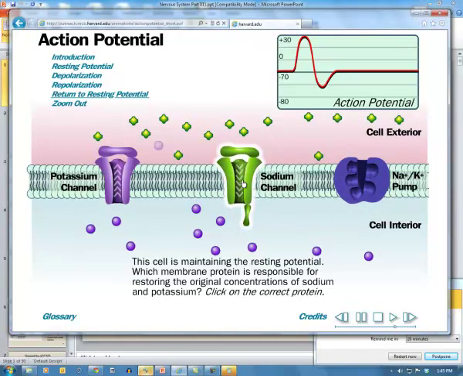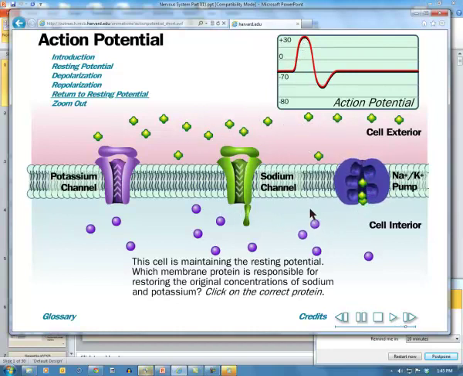And threshold in this case is -55. So when we have enough sodium flowing in to reach -55, that is going to cause all the sodium channels to open in that portion of the membrane, and then sodium will come rushing into the cell. So we see this steep climb here once we get to -55, which we call threshold.